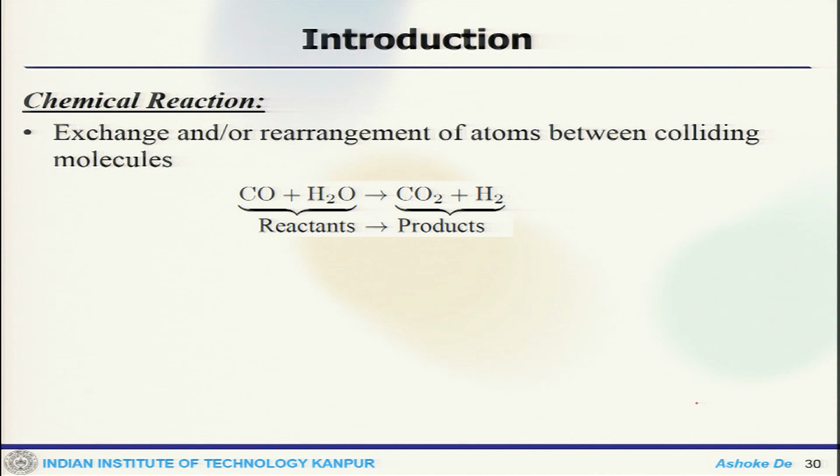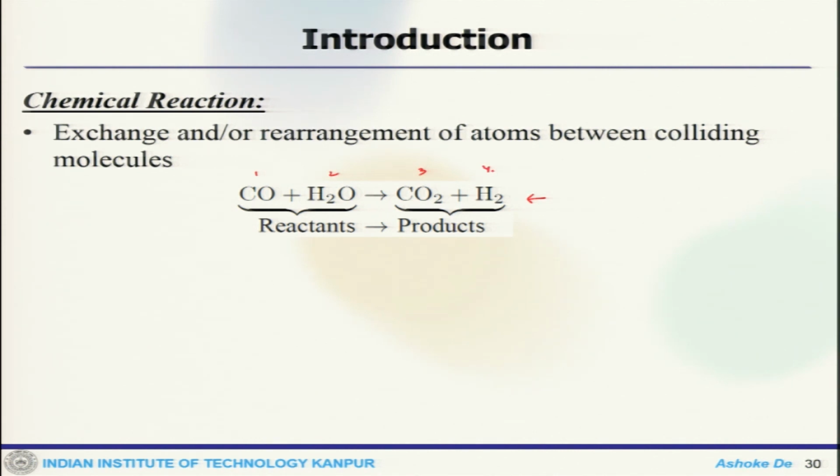Now, moving ahead, we can look at some of the fundamentals of this combustion process, where we look first at the chemical reaction. This is a sample chemical reaction with multiple species: 1, 2, 3, 4.